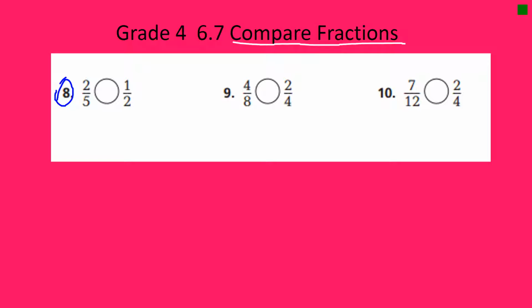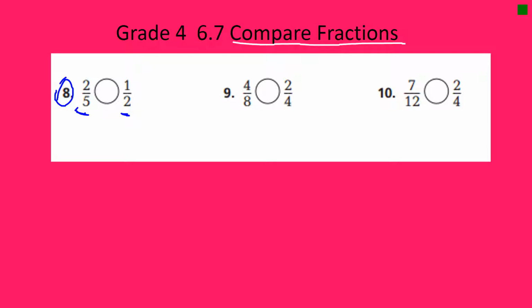Now the directions say, let me take a peek, just compare, right, less than, greater than, or equal. Okay? So I'm going to look at 2/5 and 1/2. 2/5 compared to 1/2.